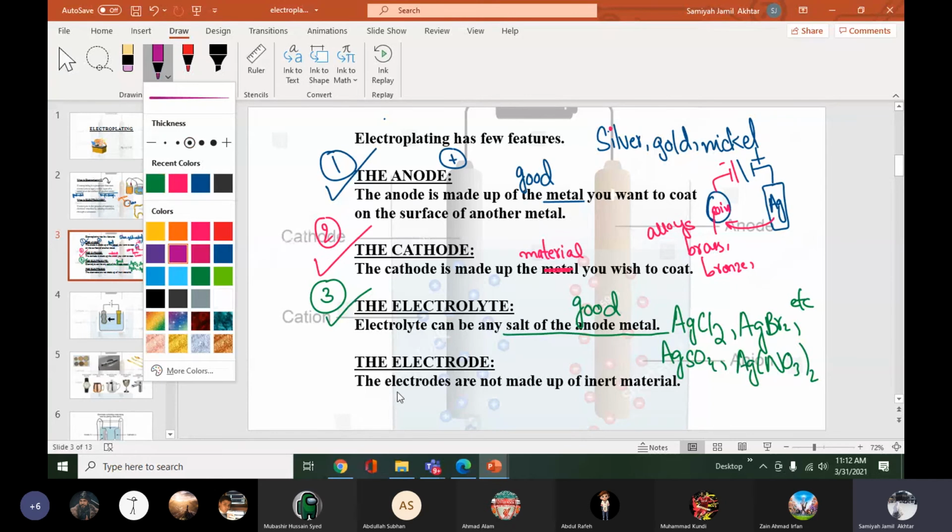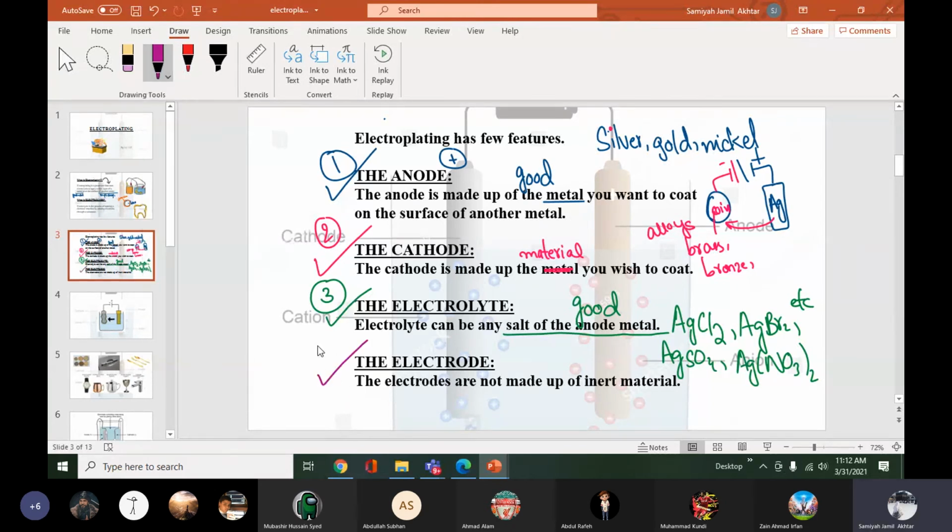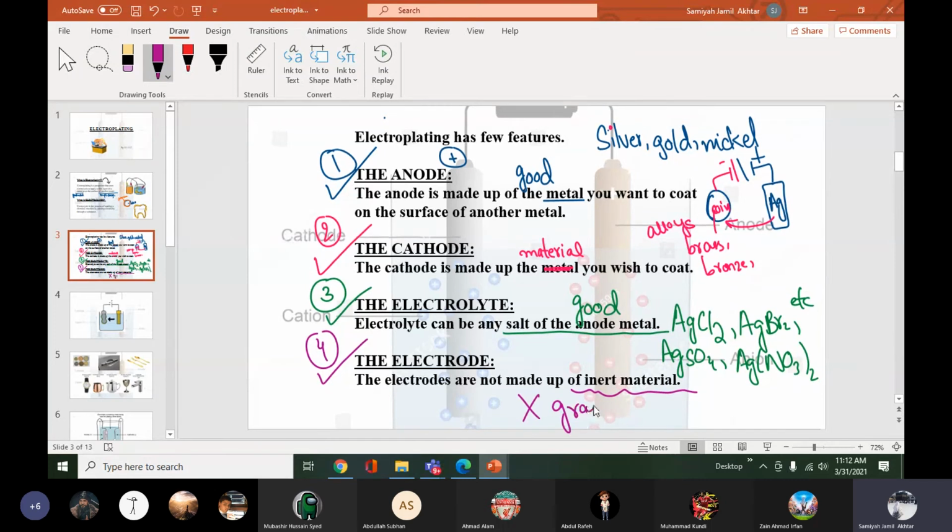And the last point to remember is that in electroplating and electrorefining, the last two topics, the electrodes are not made up of inert material. So we will never take graphite electrodes. Graphite means carbon. We will not take carbon electrodes in electroplating and electrorefining.